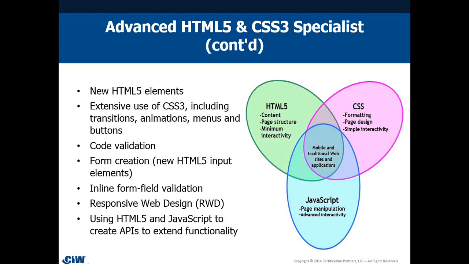Then along comes HTML5, which is kind of enveloping all of these various technologies. With HTML5 and the use of CSS, we've got expanded elements that are more descriptive of the type of content we're using, which is going to help us create more of a semantic site, right?